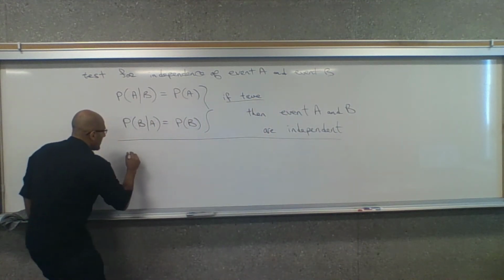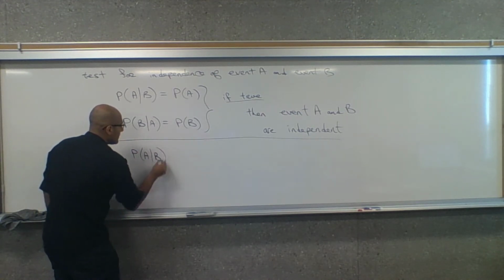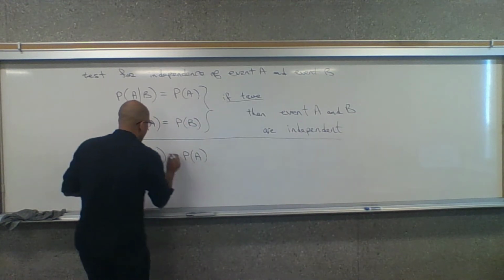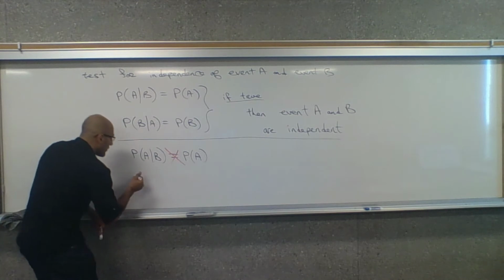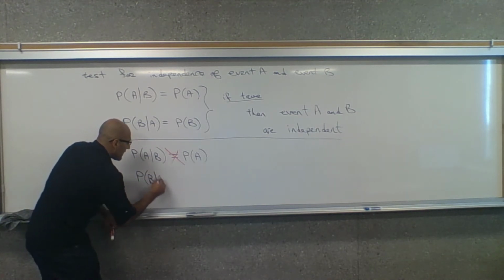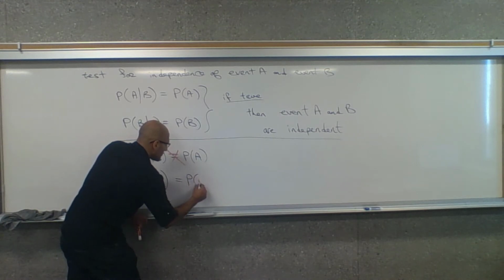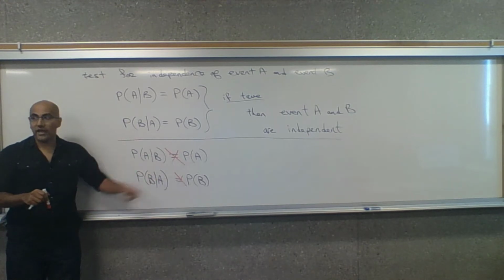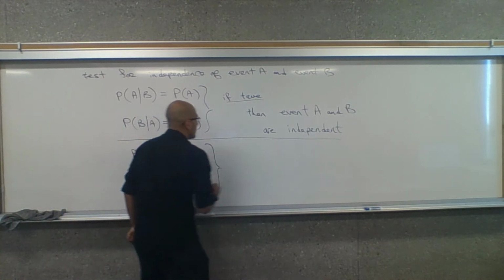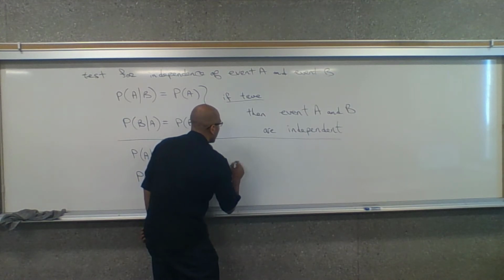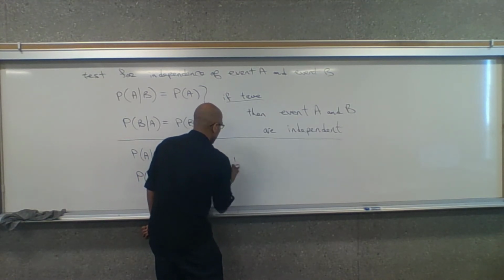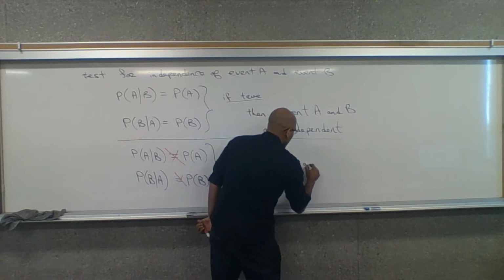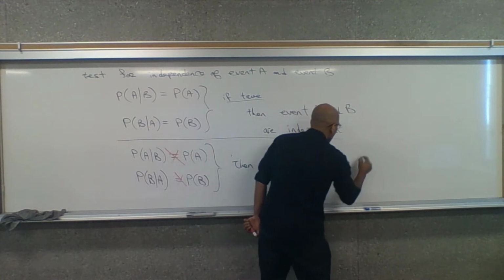The other way around, if the probability of A given B does not equal the probability of A, so there was some sort of noted difference, these two things are not equal to each other, or the other way around, probability of B given A does not equal the probability of B, somehow they're different, the fact that we have new information changed our probabilities, now we can conclude that event A and B are dependent.